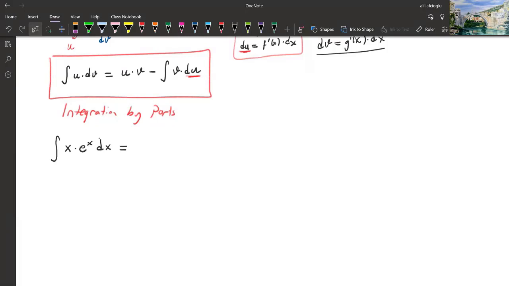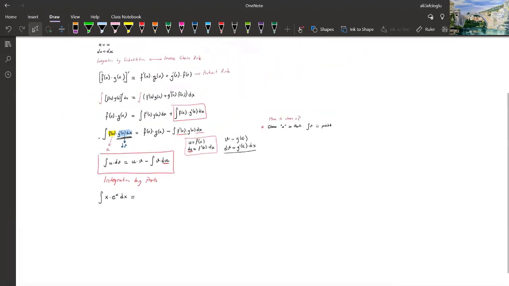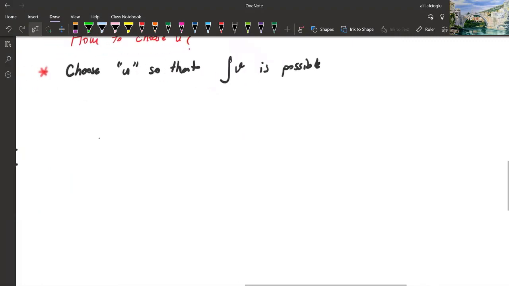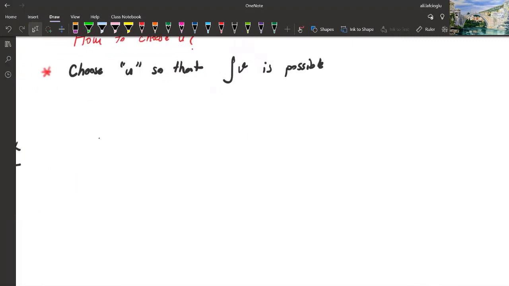If you cannot take the integral of the second function, it will be wrong. You need to change u. You need to choose u with respect to the remaining part, so you could take the integral of the second part easily. Not only that, but for du/dx, when you take the derivative of u, that function should be better or simpler.